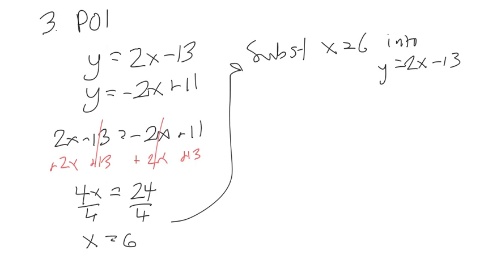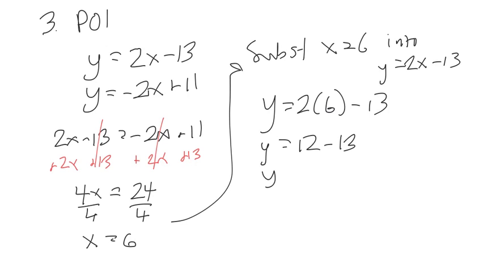In other words, y equals 2 times 6 minus 13, and y equals 12 minus 13, y equals negative 1. So therefore my point of intersection is 6, negative 1.